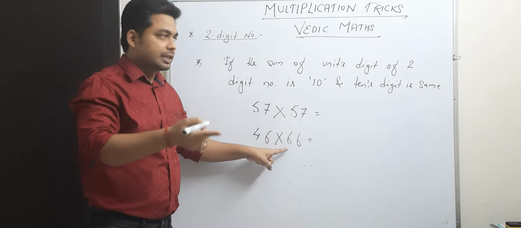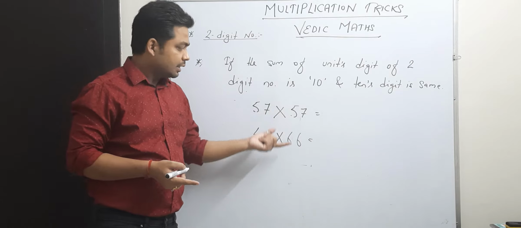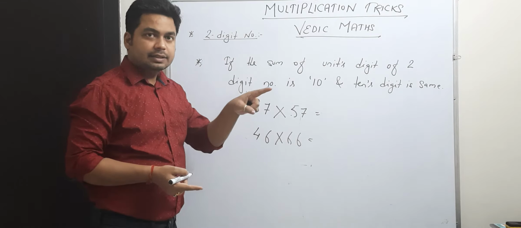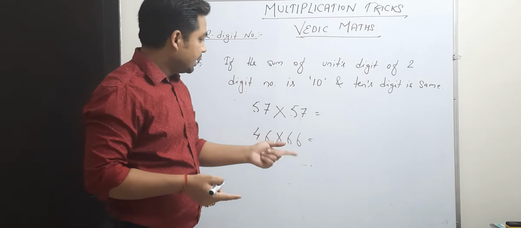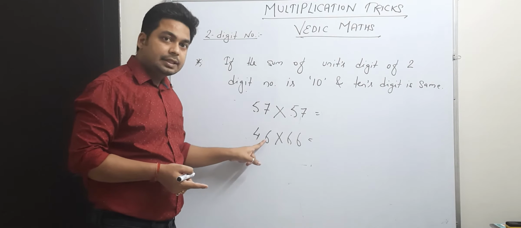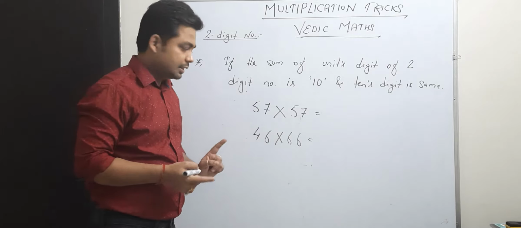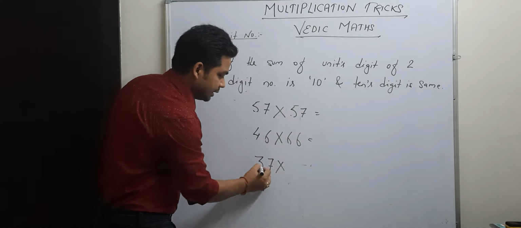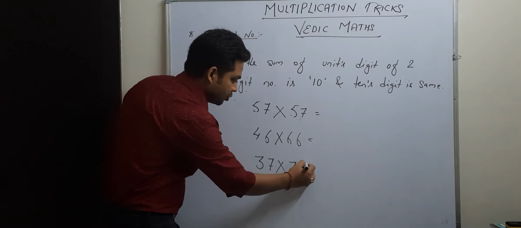This is the opposite case of what we did earlier, the reverse of that. In that case the sum of units digits is 10. In this case the sum of tens digits is 10 and the units digit is the same. Suppose I write 37 multiplied by 7, and suppose this is 7.